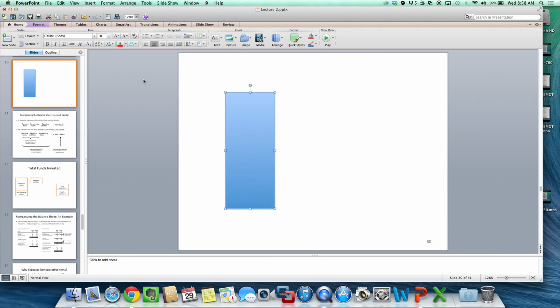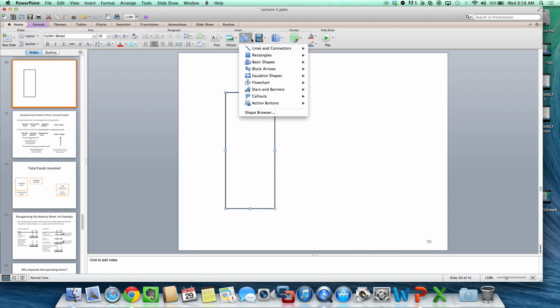If I look at the assets of a firm, let's make them blank. My assets in a traditional balance sheet are going to be broken out into current assets and long-term assets, or short-term assets and long-term assets.